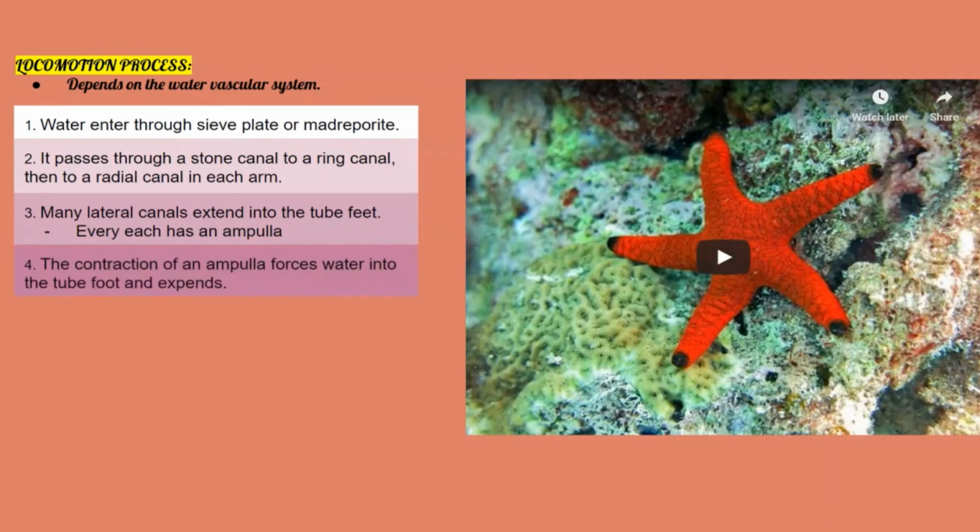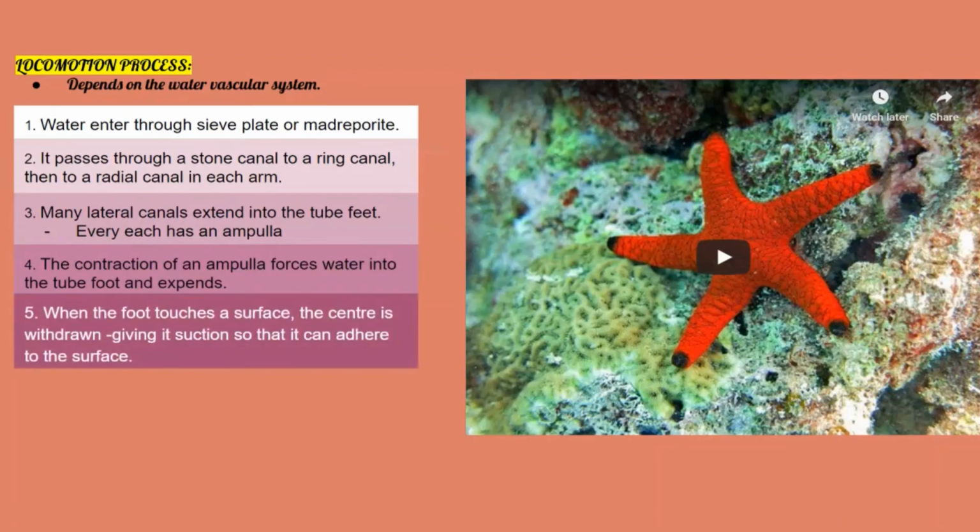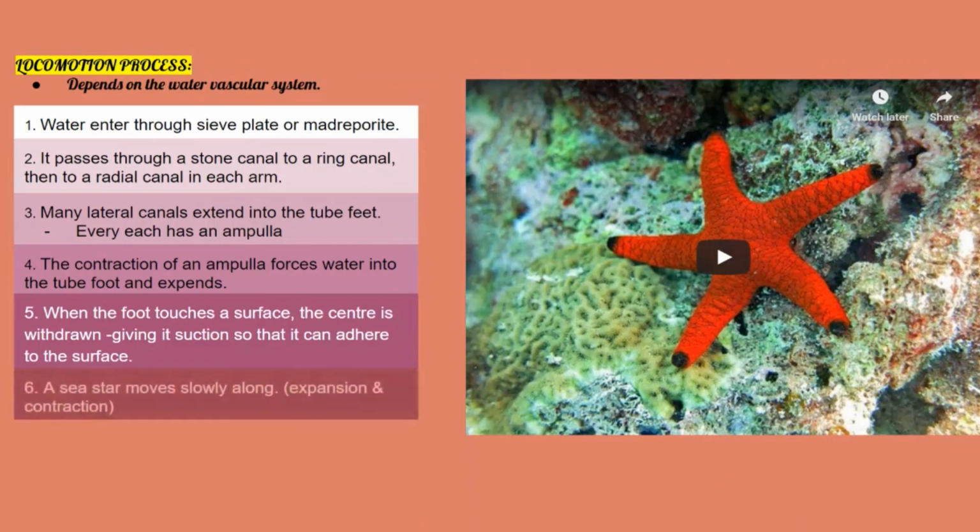The contraction happens at the ampulla and forces water into the tube feet, and then they expand. When the foot touches a surface, the center is withdrawn, giving it suction so that it can adhere to the surface. Because of that, a sea star moves slowly along because of the expansion and contraction at the arm.